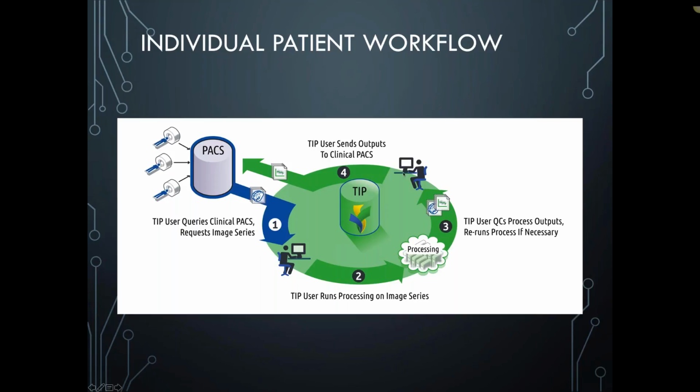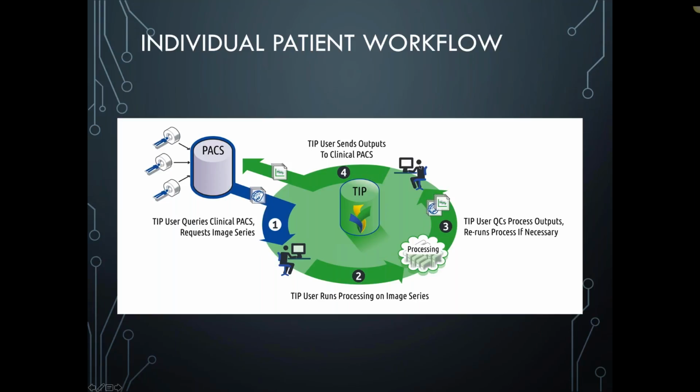If the processing passes quality control, then it could go back into the PACS. Obviously, this kind of communication requires working very closely with the clinic and with the IT environment in the clinic to approve this kind of workflow and the kinds of images that are being pushed back to PACS. But it can be a very nice way to quickly translate research capabilities into the clinic in a controlled way.